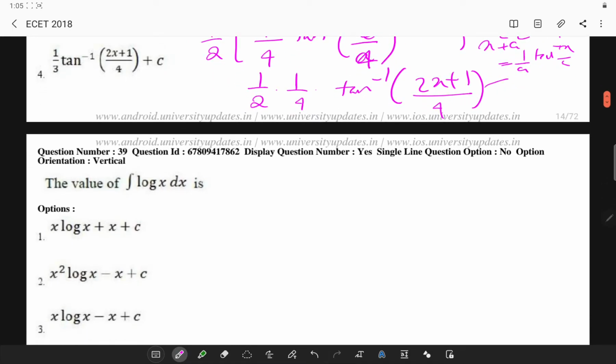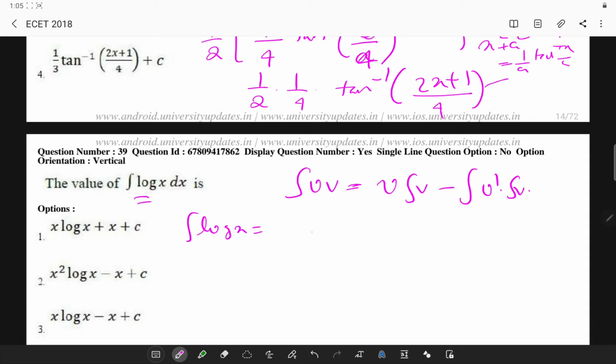We have the integral of log x dx. So this is in the form of integral uv, which is u into integral v minus integral u dash into integral v. So I have the integral of log x, I can write it as log x into integral 1 dx minus the integral of 1 by x, since I have to calculate the derivative of log x, and I have integral 1 dx.